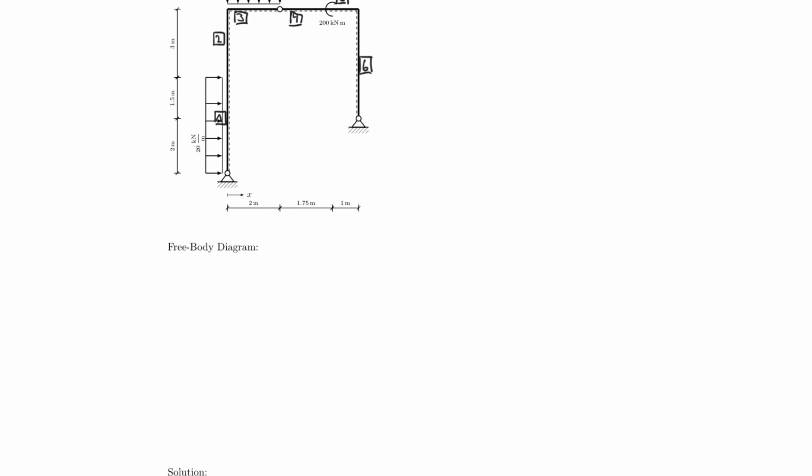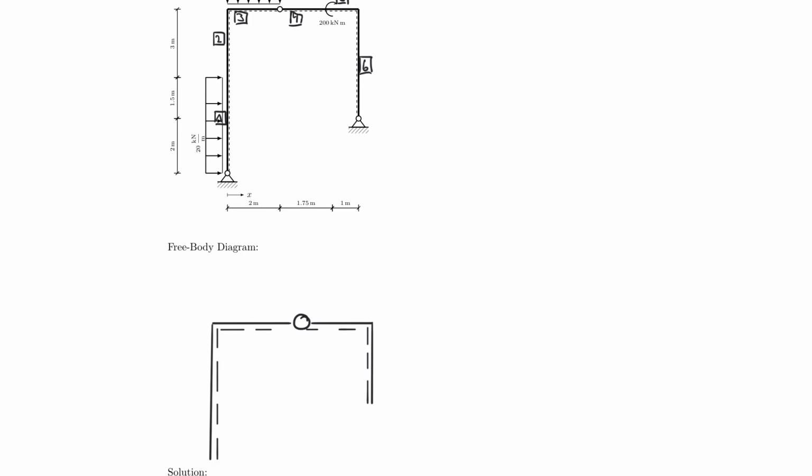So for my free body diagram, I have to include my forces. And this does not have to be two-dimensional, but it has to be true to the general concept of the frame. So here's my hinge.